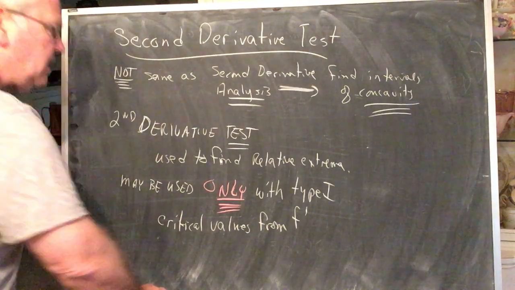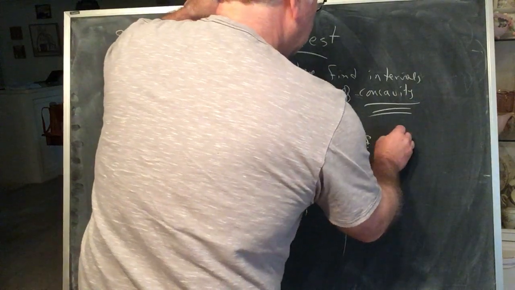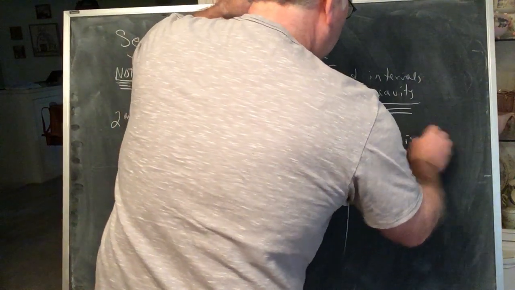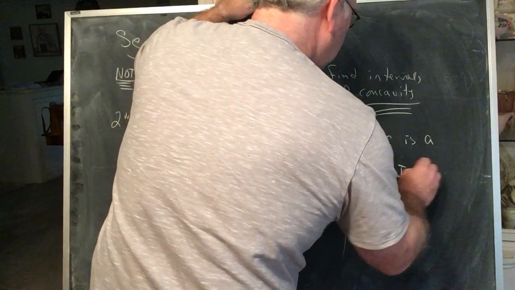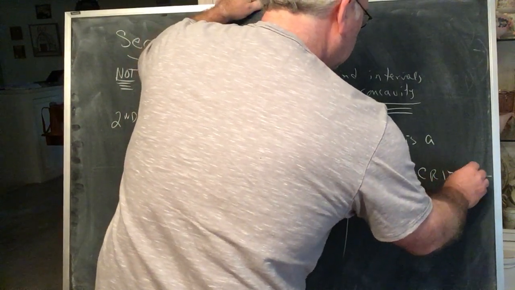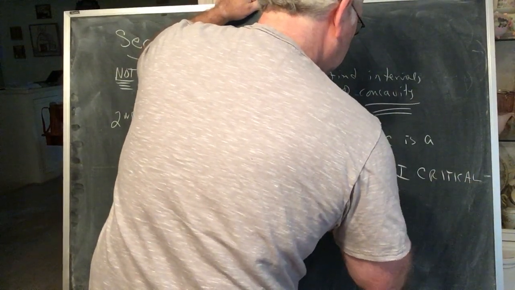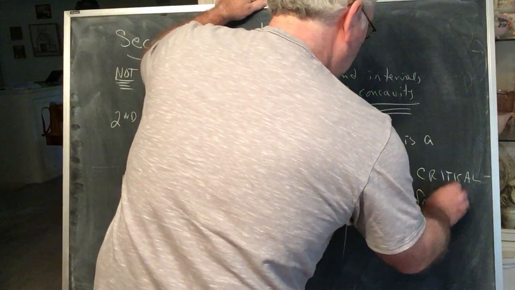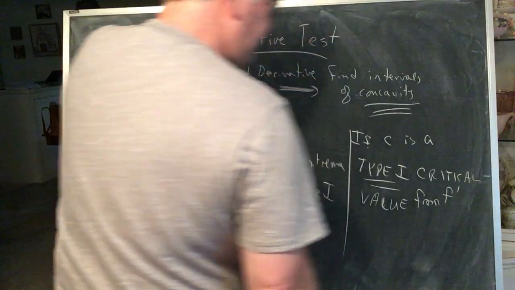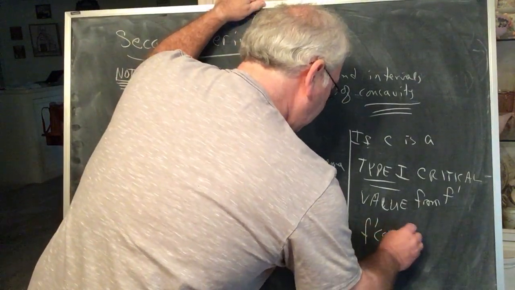So if c is a type 1 critical value from the first derivative, what that means is the first derivative at c is 0.